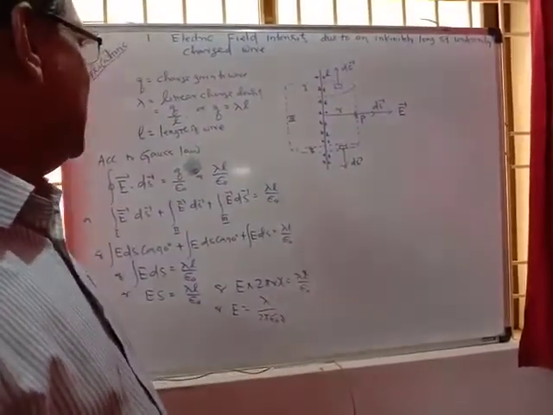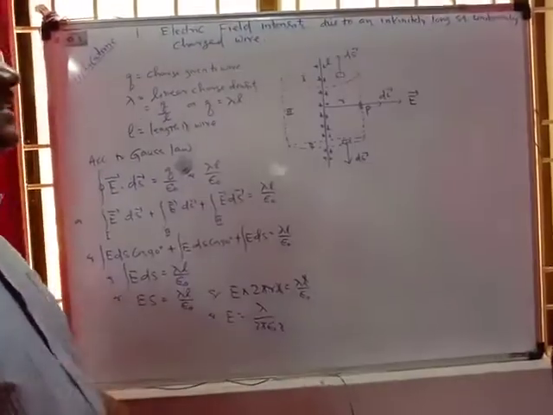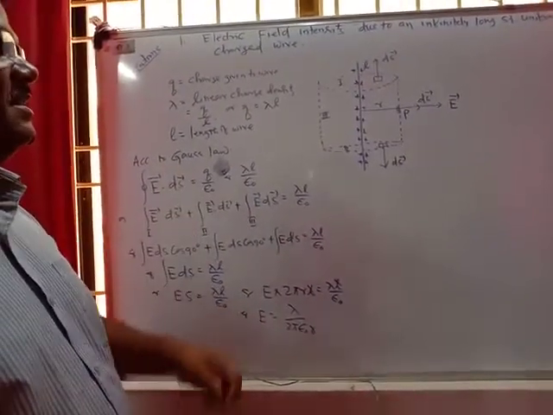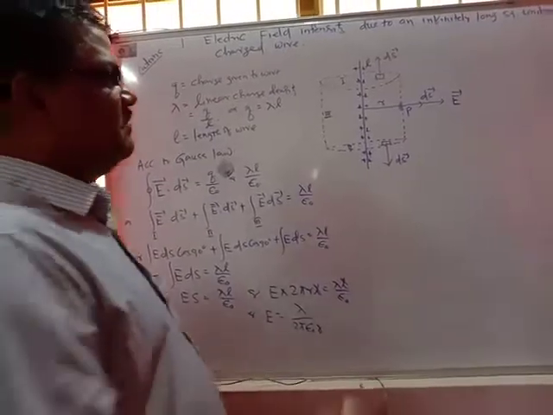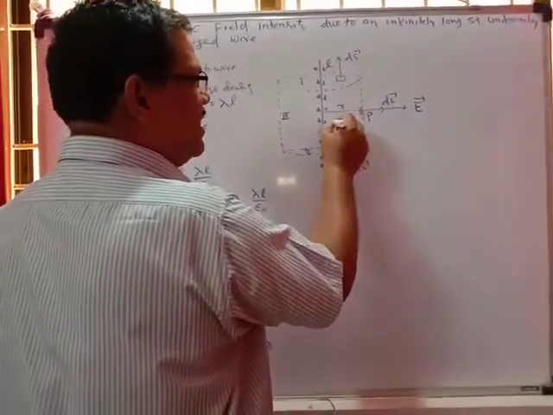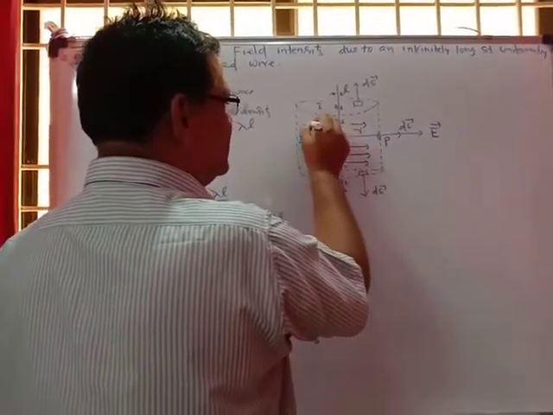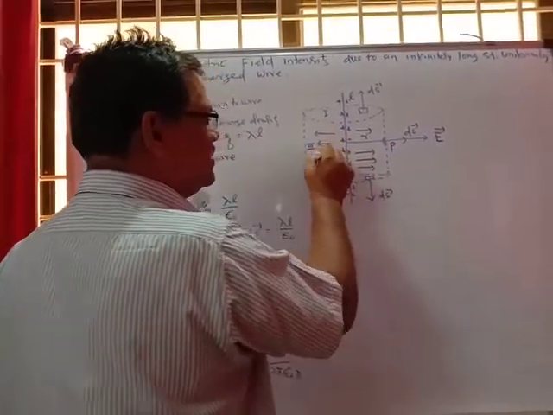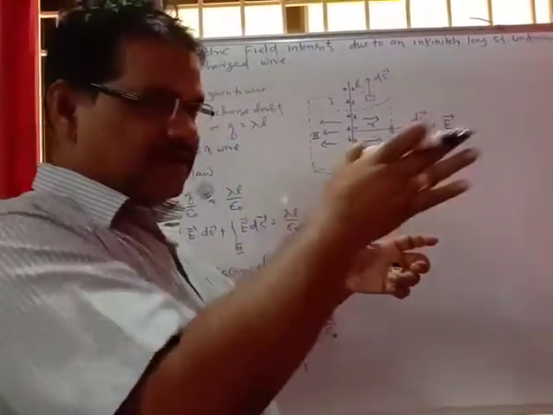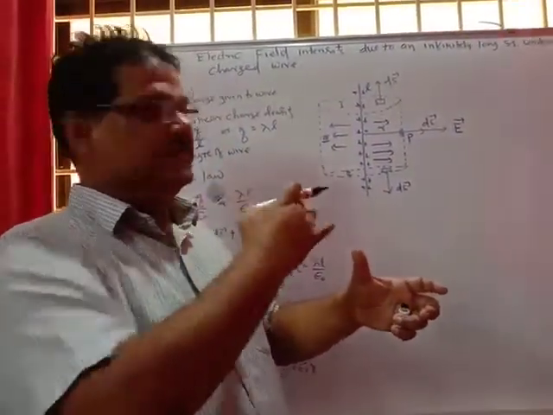Clear? Now, if we apply Gauss's law here, what will happen? The electric fluxes will be directed along this way and along this way, in all three dimensions, along this way, this way, this way, and this way.